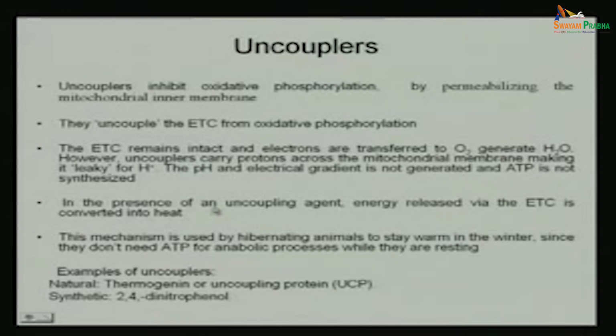In the presence of an uncoupler, energy released via the electron transport chain is converted into heat. This mechanism is used by hibernating animals to stay warm in the winter, since they do not need ATP for anabolic processes while they are resting.